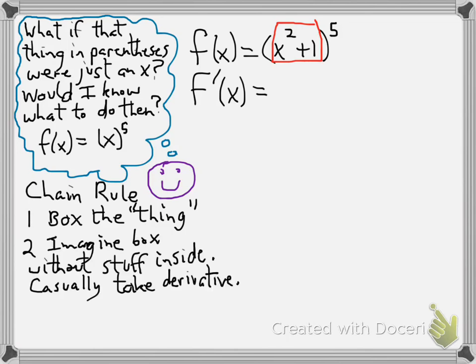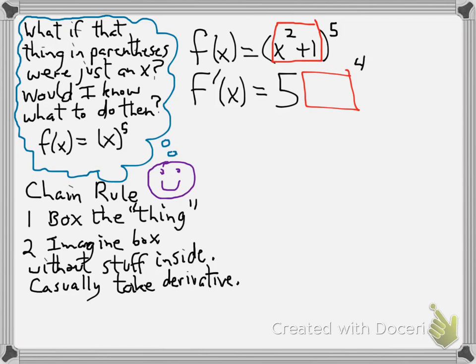So if f of x equals box to the 5th, then casually speaking, the derivative of box to the 5th, that should be 5 box to the 4th. And so we write it, 5 box to the 4th.